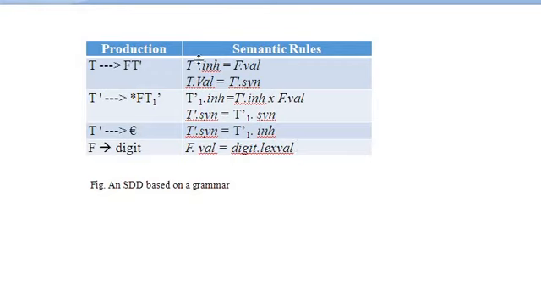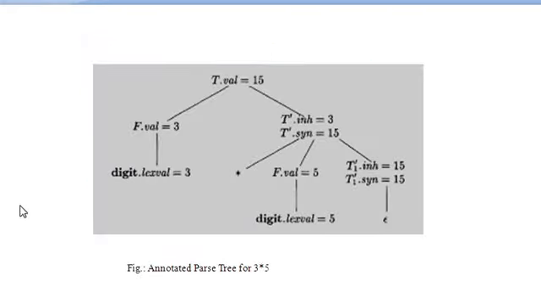So in inherited attribute, draw the parse tree for 3 into 5. Annotated parse tree for 3 into 5. So T dot value gives F dot value and T dash dot inherited value.